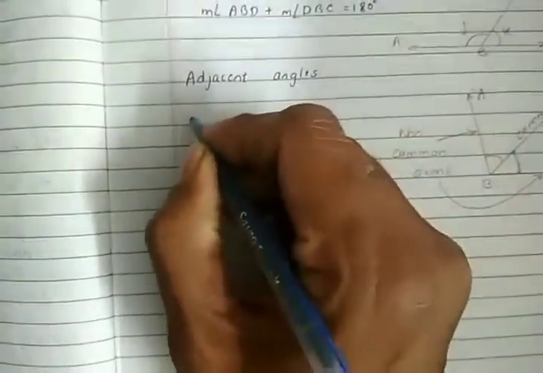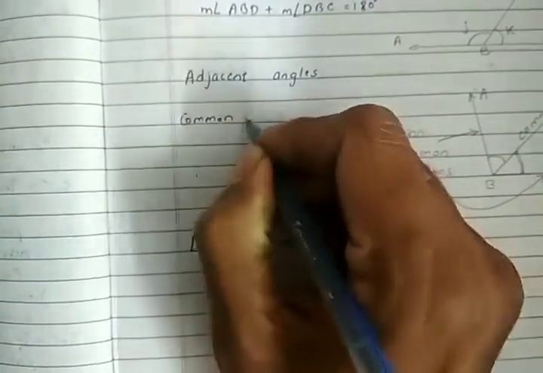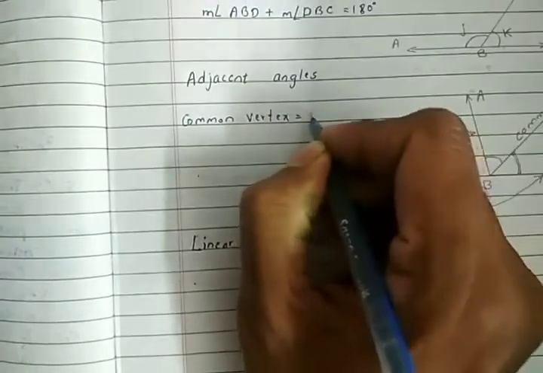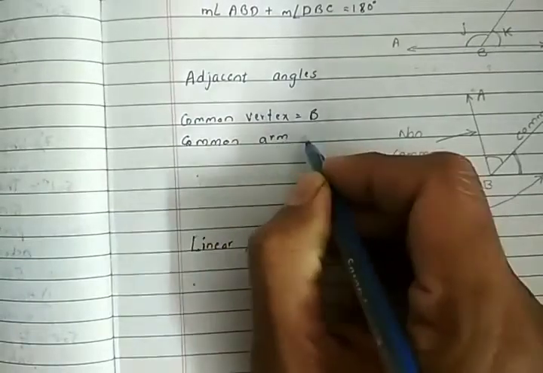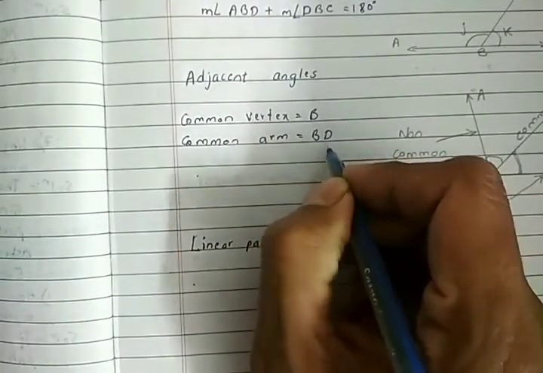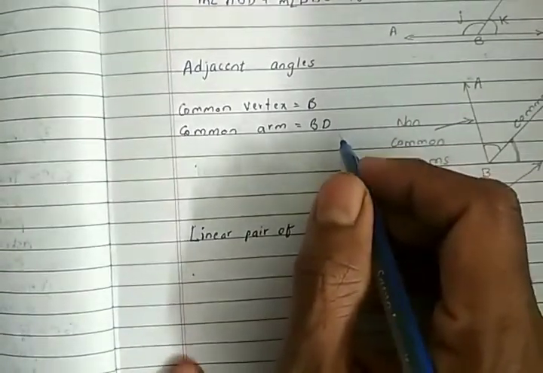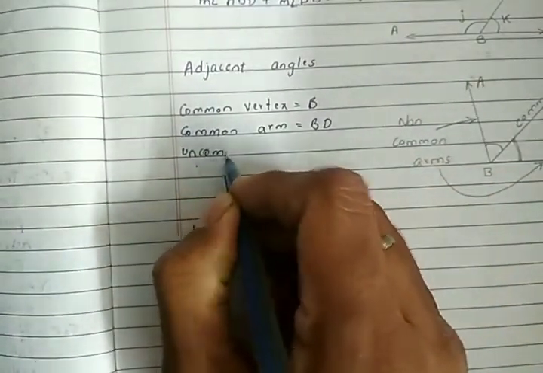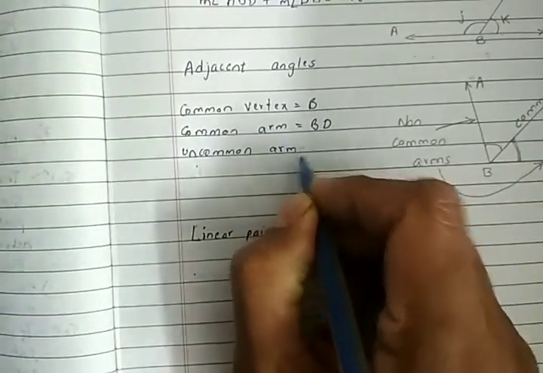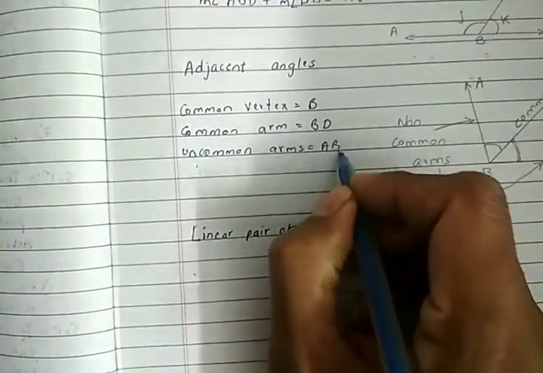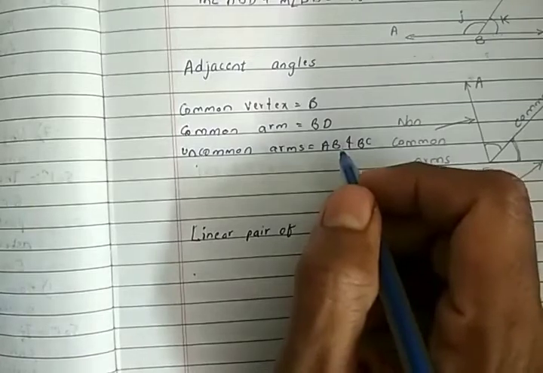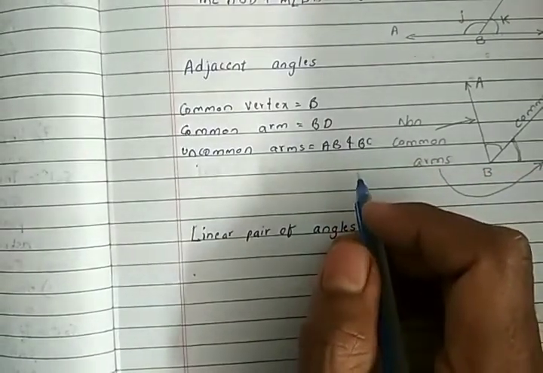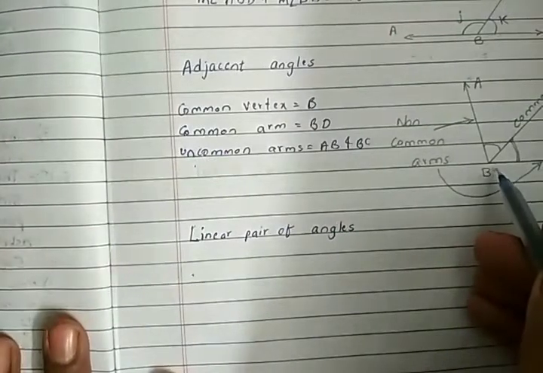Let's write it down. Common vertex is B and common arm is ray BD and uncommon arms are ray AB and ray BC. Adjacent angles are those which have a common vertex and a common arm.